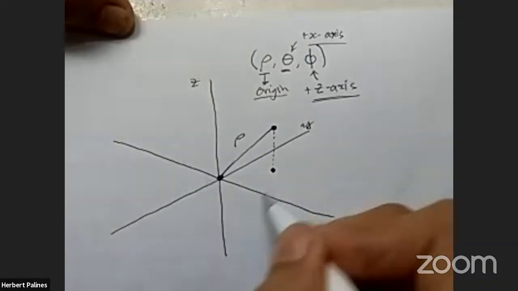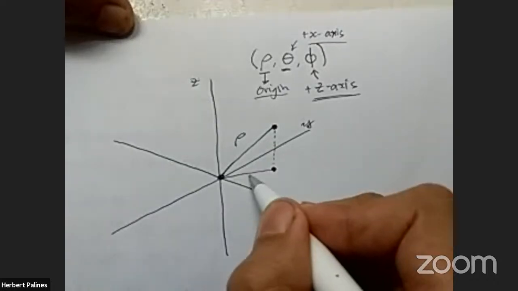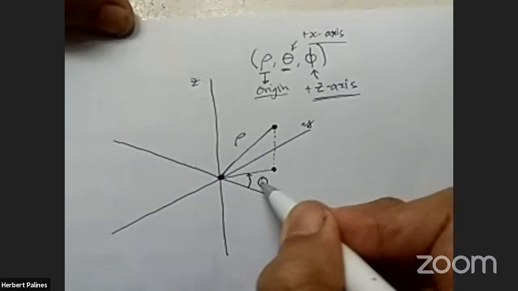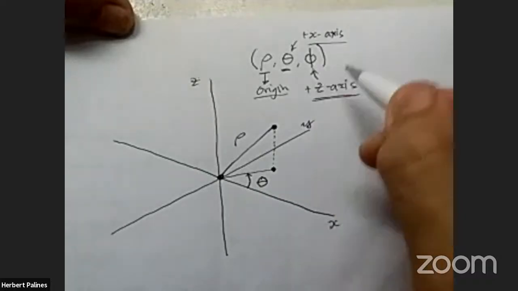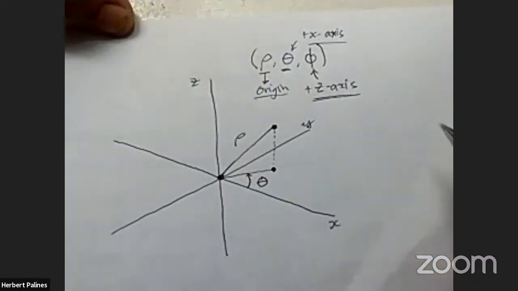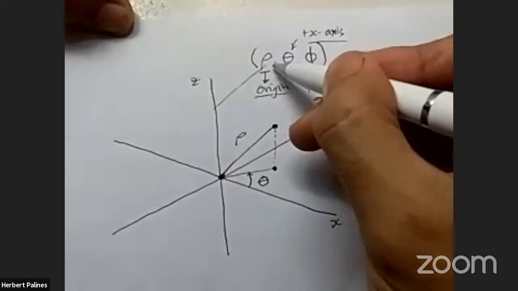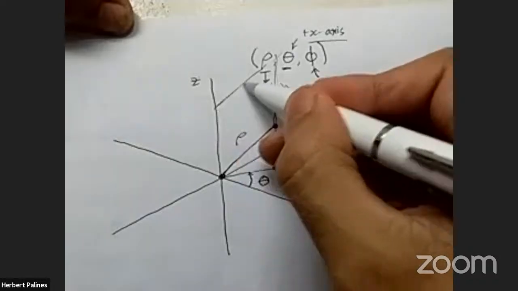Theta is the angle measured from the positive x-axis. And where is phi? You measure the angular distance from the positive z-axis. This is a bit hard to imagine, but it is easier if you see it as a plane. So this is a plane.